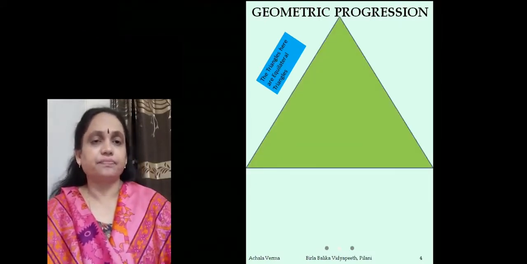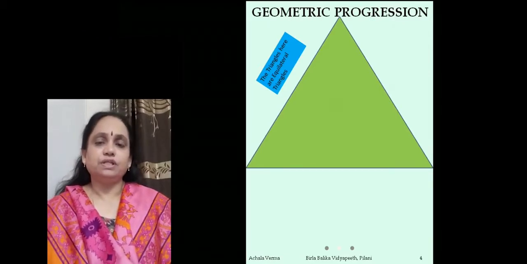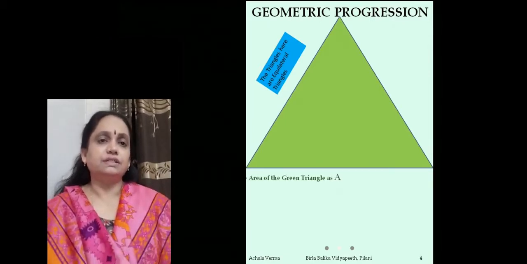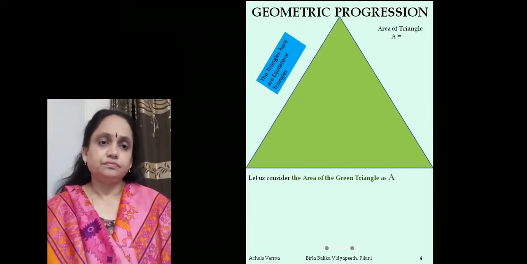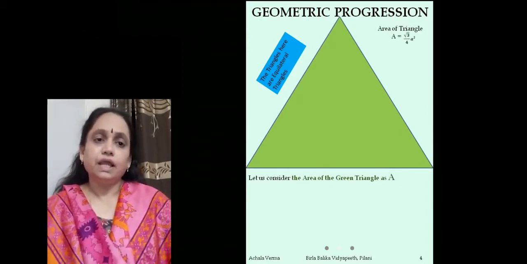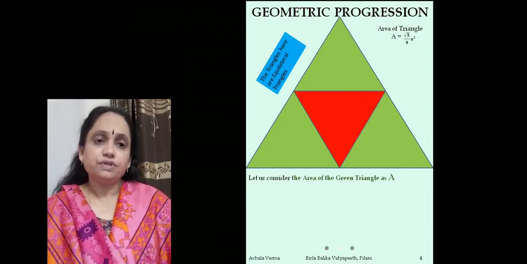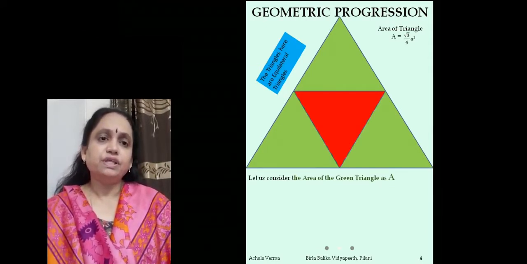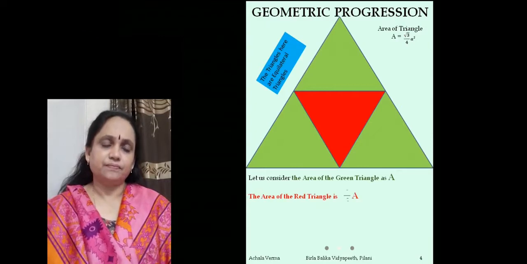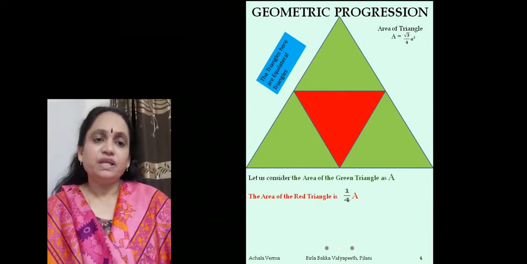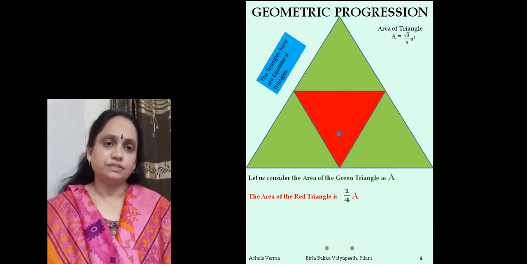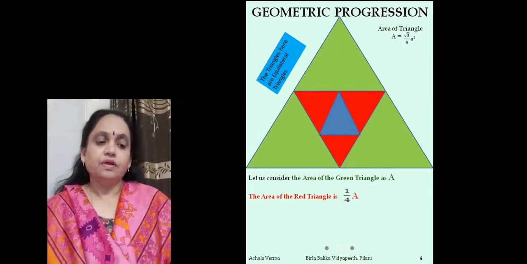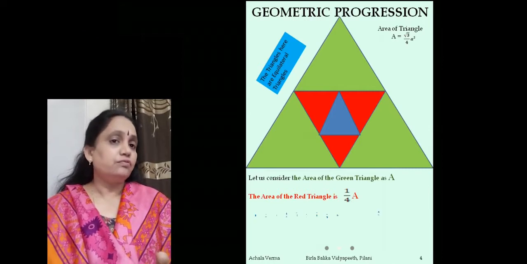Let us see. Let us assume that the area of the green triangle is equal to A. Then the area of the red triangle that we get by joining the midpoints of this triangle would be equal to 1/4 the area of the green triangle. Then what would be the area of the blue triangle?